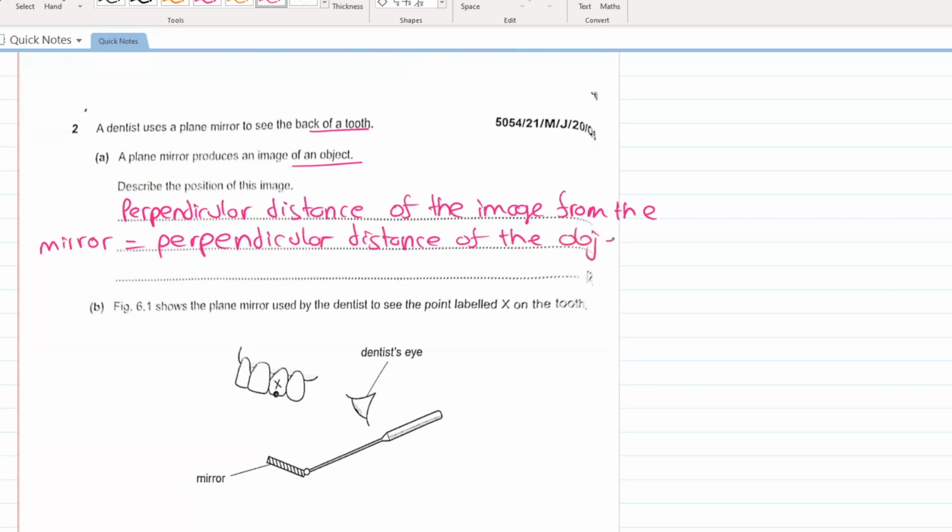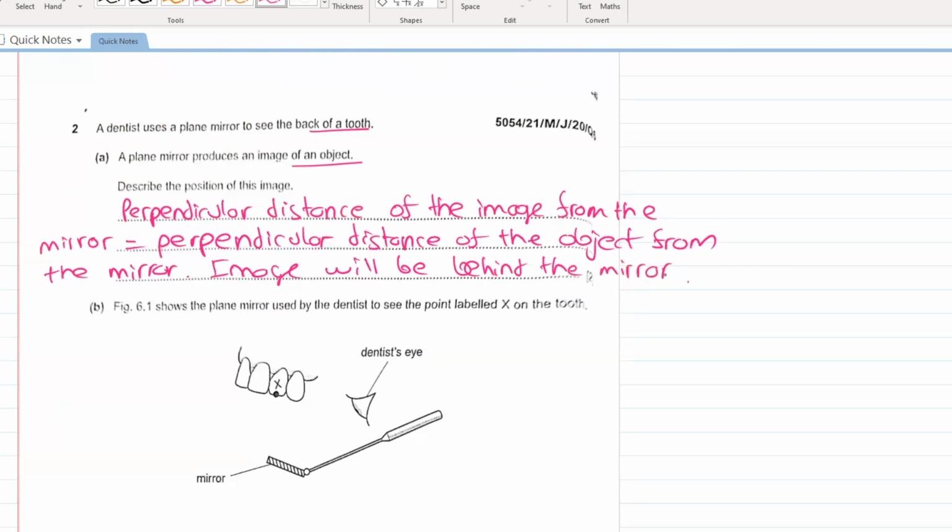Can we add any other thing here? We can say that the image will be behind the mirror.